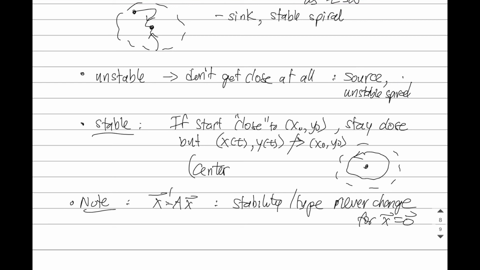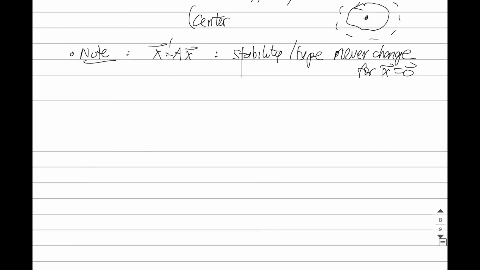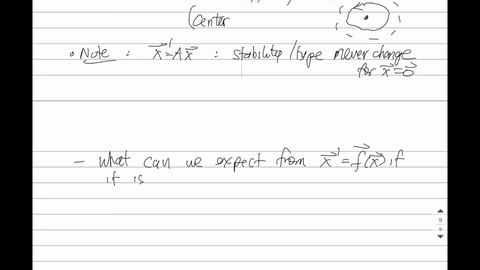Now, finally, a good question you might have is, what can we expect from our nonlinear system, in this vector form, if it is not almost linear?